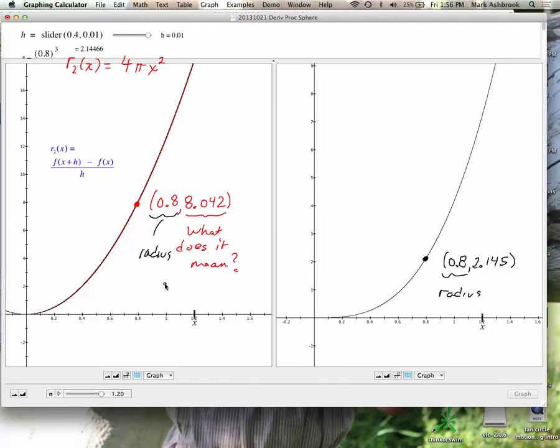So you're saying when the radius is 0.8, the volume will be increasing at 8.042 times with respect to x. He said when the radius is 0.8, the volume of the sphere is increasing 8.042 times as fast as the radius is changing.